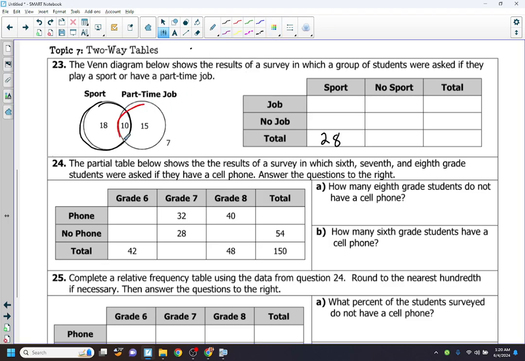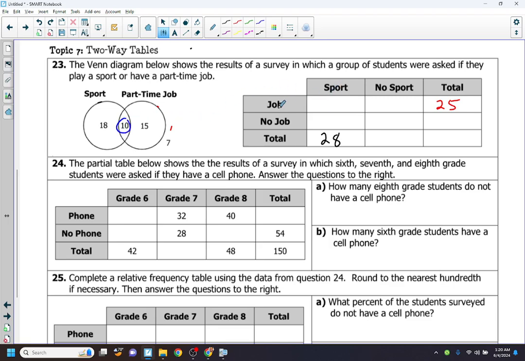The amount of people who did a part time job is 10 plus 15. 10 plus 15 people who had a job is 25. The middle right here is how many people had a job and did sports.